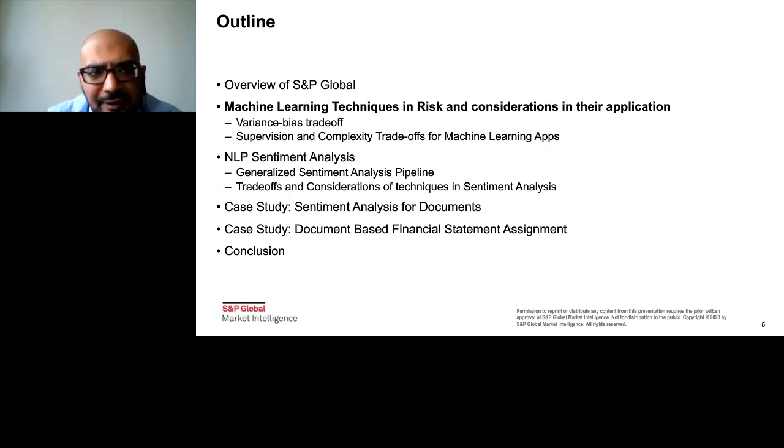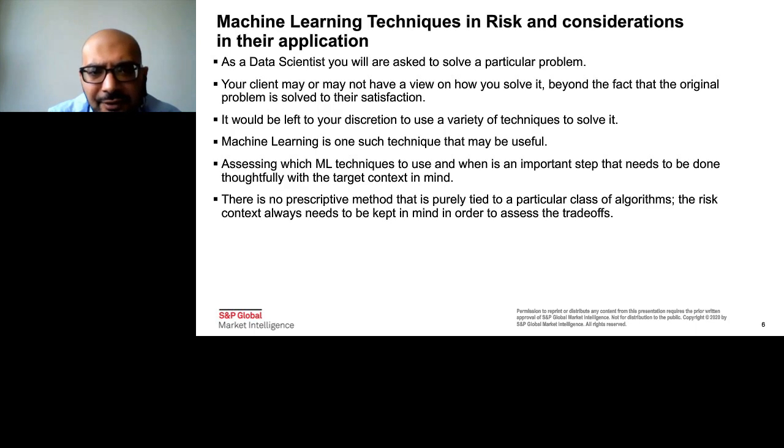So the next area is machine learning techniques and risk and considerations in their application. As a data scientist, you're going to be asked to solve a lot of particular problems. Your clients may not have much of a view on how you go about solving them. So it's really left to your discretion to decide what sort of techniques to use and when to apply them.